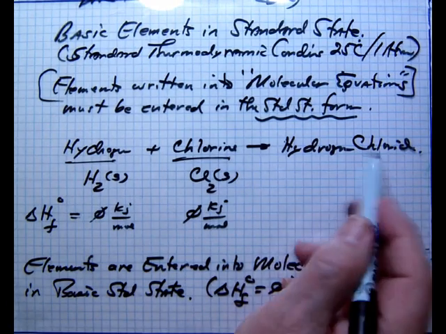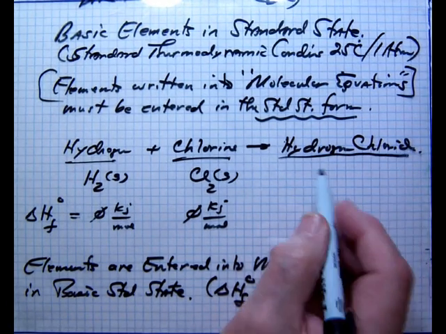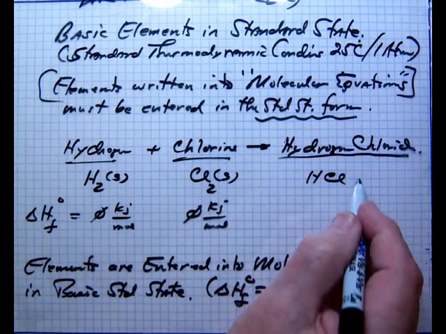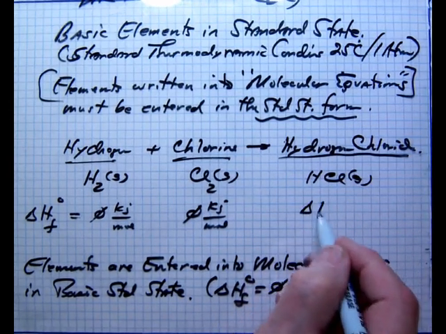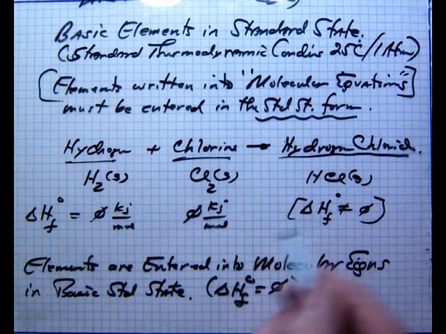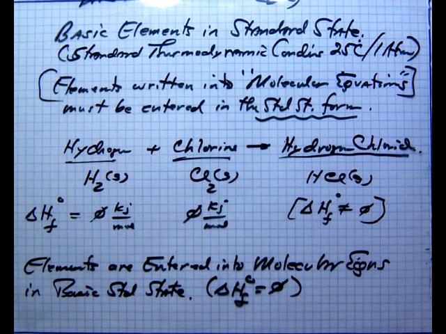And of course, compounds, as I indicated, always have a number, and we look up what this is. Of course, the gas phase, and delta H formation does not equal 0. Now that's about all I can give you right now and have anything make sense. Anything that goes beyond that is for another point in time.